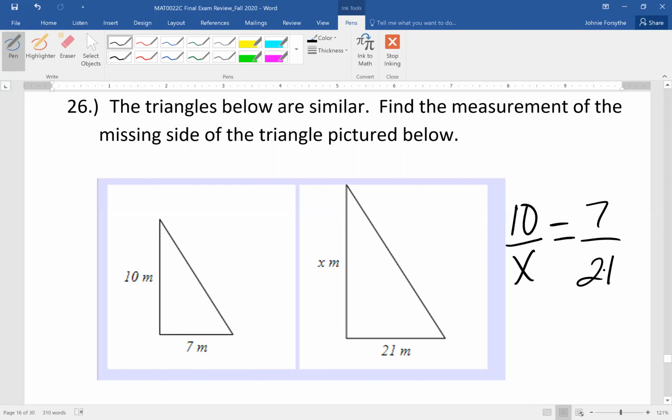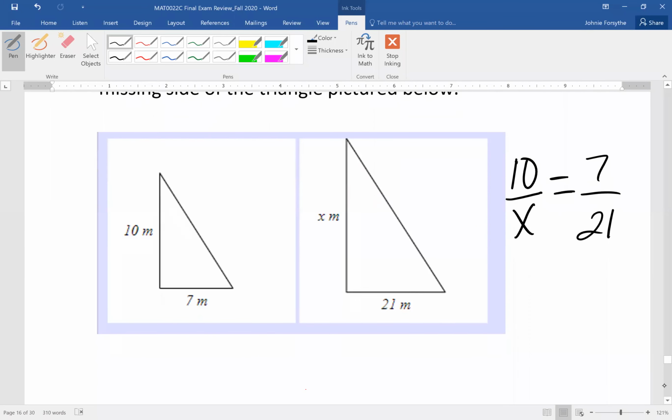I would not want to do 10 over x equals 21 over 7, because you would have mismatched the order. So now I've got a proportion to solve. You can solve this a few different ways. I'm going to multiply both sides by the least common denominator of 21x.